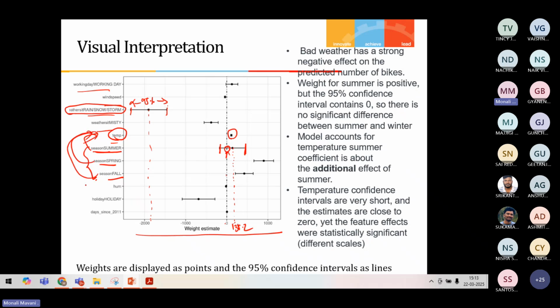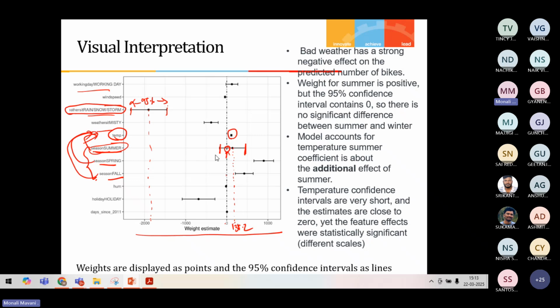That's why statistically, these results may not be that significant, especially in the summer case, because its 95% confidence interval consists of 0. So even though we get some interpretation, it may not be statistically significant.